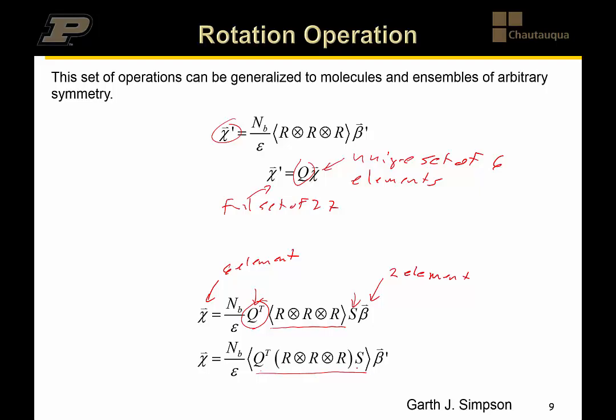When we apply these symmetry operations, it's just going to pull a few rotation matrix combinations out, and those will be the ones that connect the unique elements in the molecular frame to the unique elements in the laboratory frame. So that's a nice framework for generalizing to arbitrary symmetry while still taking advantage of the fact that you have symmetry to reduce the complexity of the analysis.